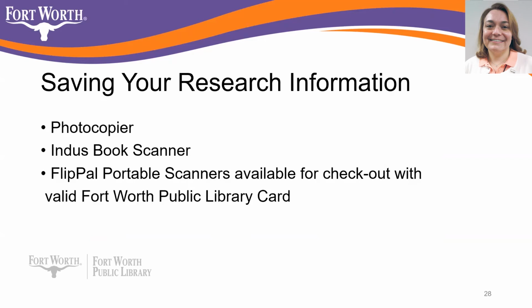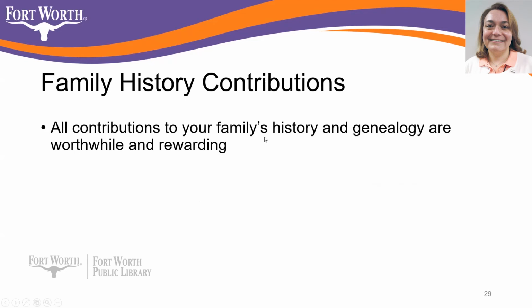From the databases, you can download, you can email yourself the articles, and I just want to encourage you to continue with your genealogical research. All contributions to your family's history and genealogy are worthwhile and rewarding.